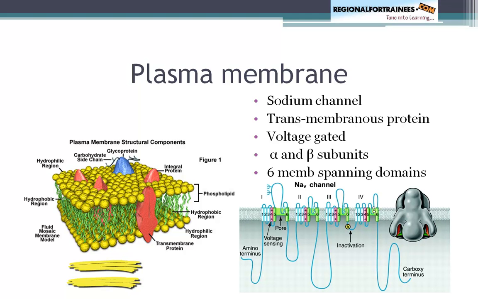Apart from that, there are several proteins which can be seen traversing the lipid bilayer. They may be either integral proteins, which cross only the outside layer or the inside layer, or they may be transmembrane proteins, which jut out of both the inner and the outer layers, as can be seen here.